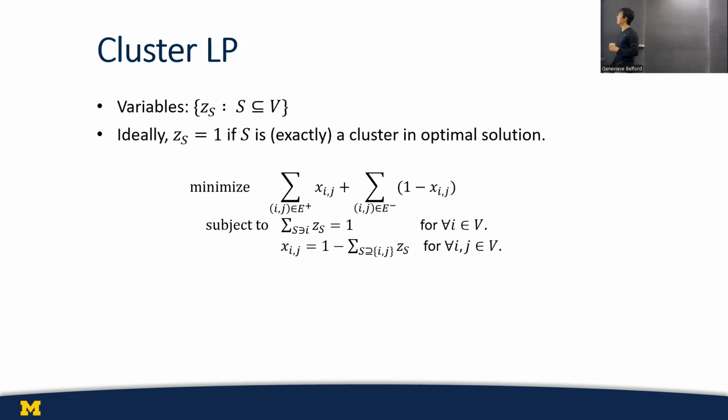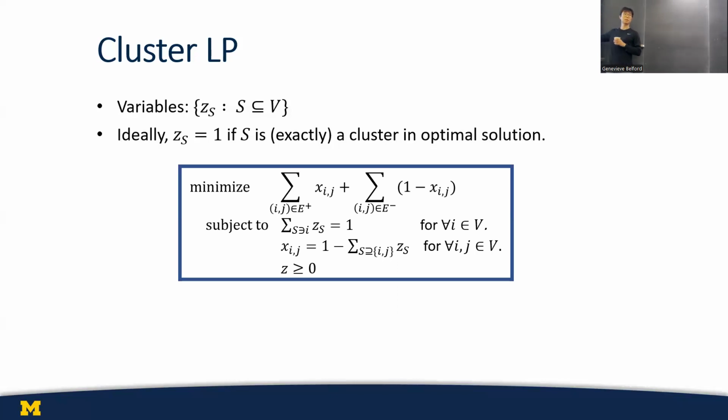When i and j are together, that means there's a cluster that contains both i and j whose Z_S value is 1. If you think about it in a more probabilistic way, Z_S is the probability that S is exactly 1 cluster in the optimal solution. So x_ij is going to be 1 minus the summation over S including i and j of Z_S. And that's the entire cluster LP.